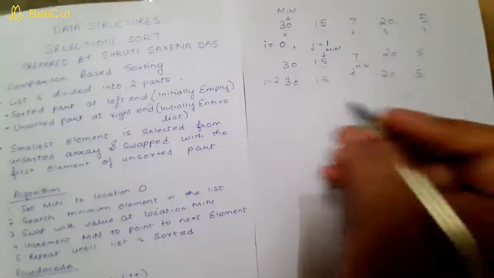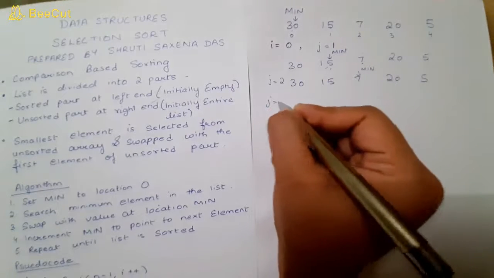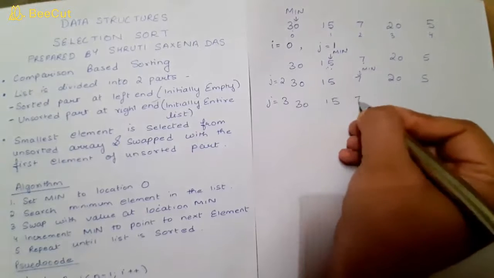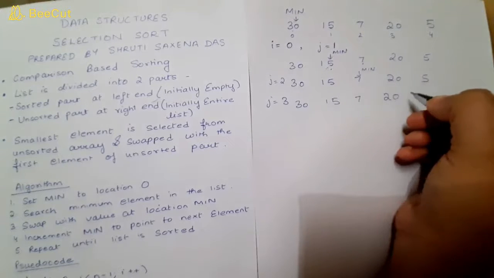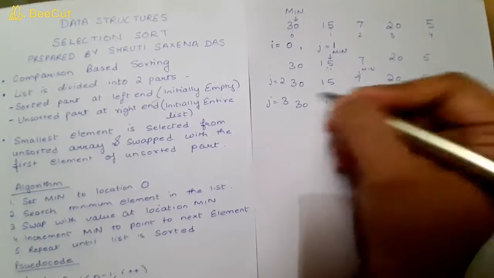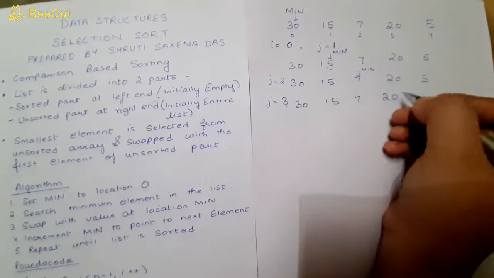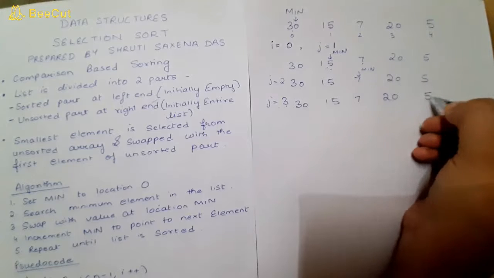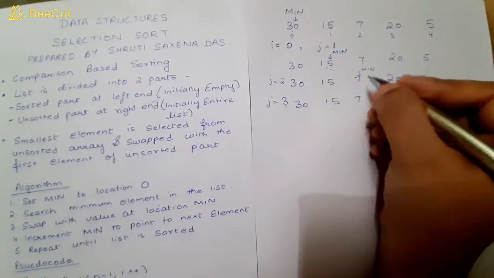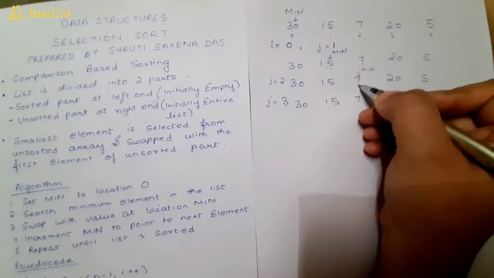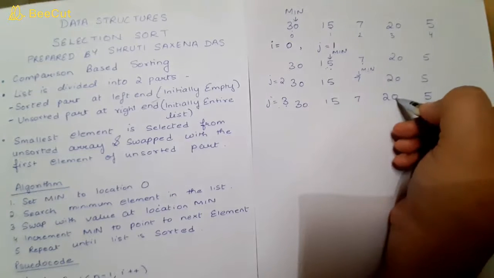Now again we'll increment the value of j. Now j will point to the fourth element, as j equals 3 and the array starts from 0, which is 20. When we compare, a of min is 7 and a of j is 20.